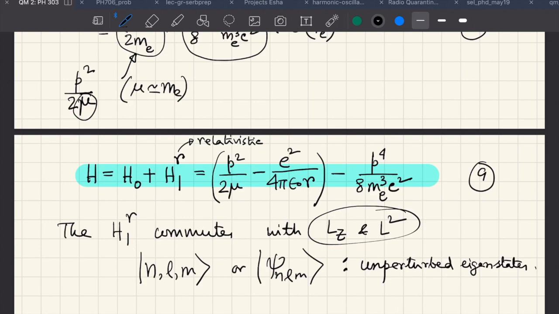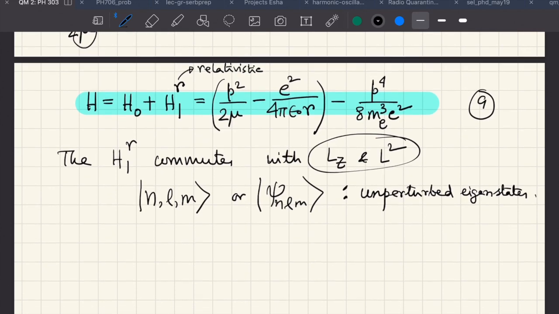If I am able to figure out some operator omega which commutes with H0 and H1, and this operator omega has distinct eigenvalues in this basis, then we actually do not need to diagonalize the perturbed Hamiltonian. The Hamiltonian is automatically diagonalized in the same basis. So that's what is happening here. We have not been bothered about the degeneracy at this level.